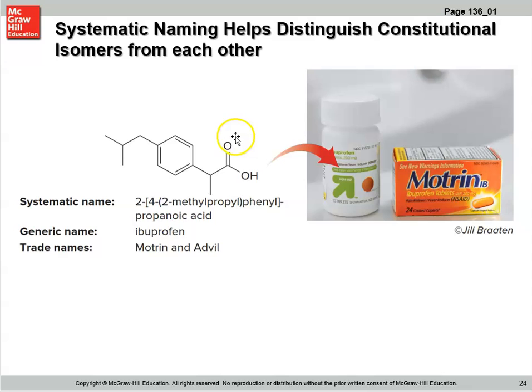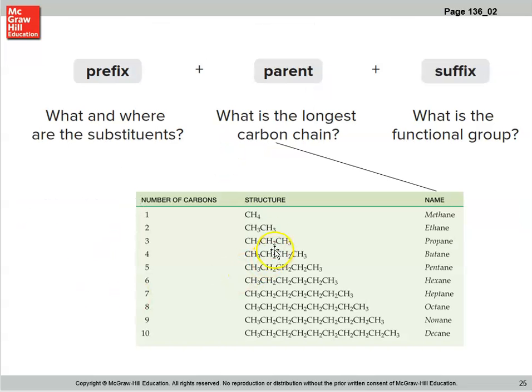Oic acid is a carboxylic acid functional group. So depending on the type of compound, the name tells you something about the functional group. You've heard of ethanol, a 2-carbon chain with an alcohol on the end of it. So instead of ethane, it's ethanol.